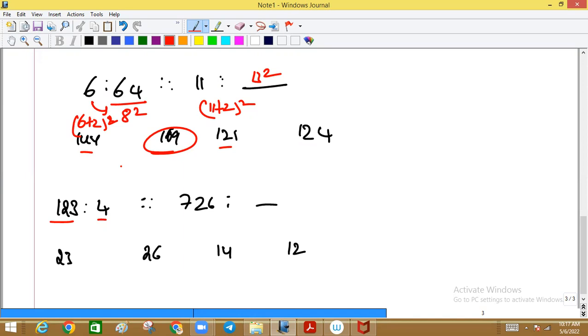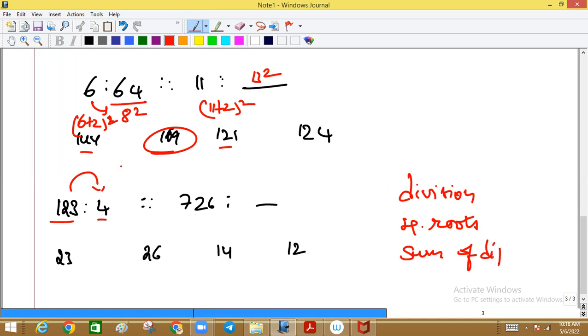Now see here, what can we do from a big number to a small number? Divisions, square roots, then followed by sum of digits, multiplication of digits.